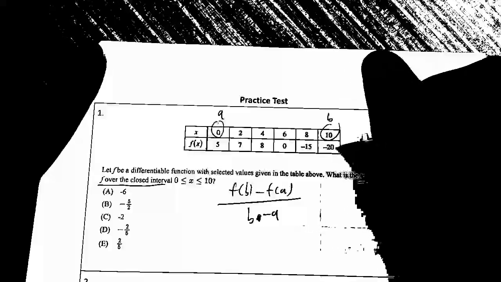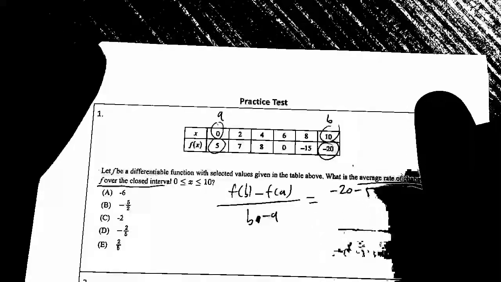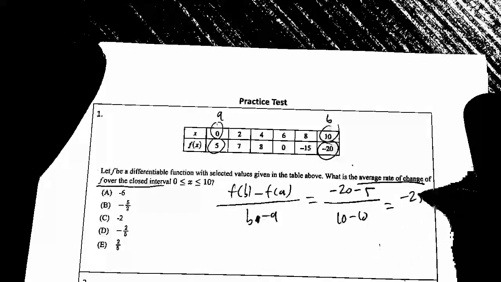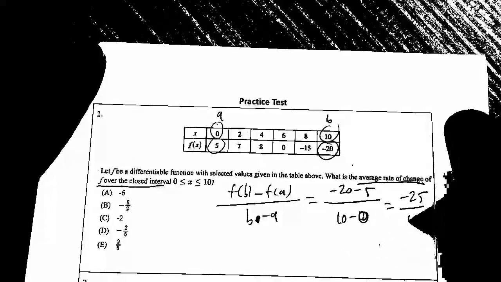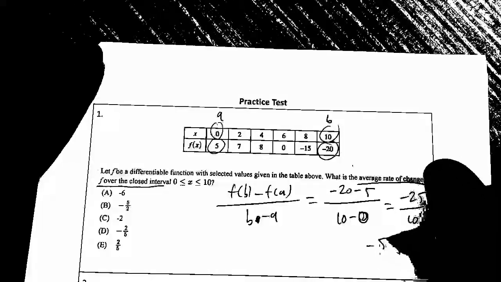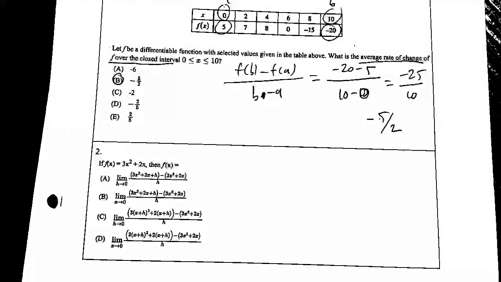F of b is given to me, it's just negative 20, and f of a is 5. So your answer would be negative 20 minus 5 over 10 minus 0. That's negative 25 over 10. That's the same as negative 5 over 2. So it's B.